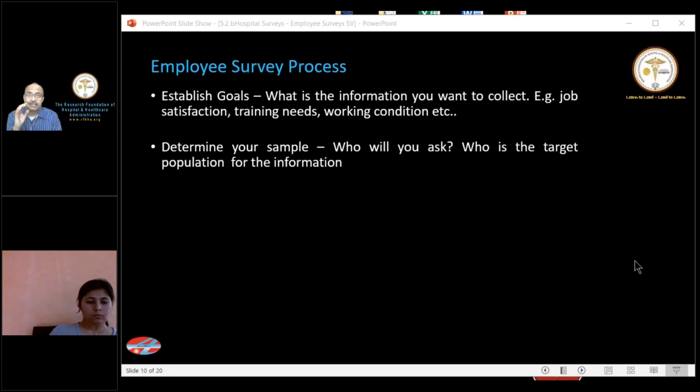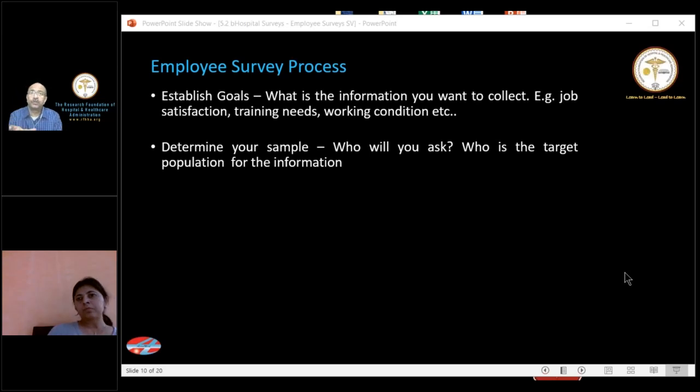So the answer is that you take a sample. Now we have seen this sampling in the other audits and measurements and indicators. Everywhere sampling can be done. So here also you take a sample, and what sampling should be done is dependent on statistical principles.